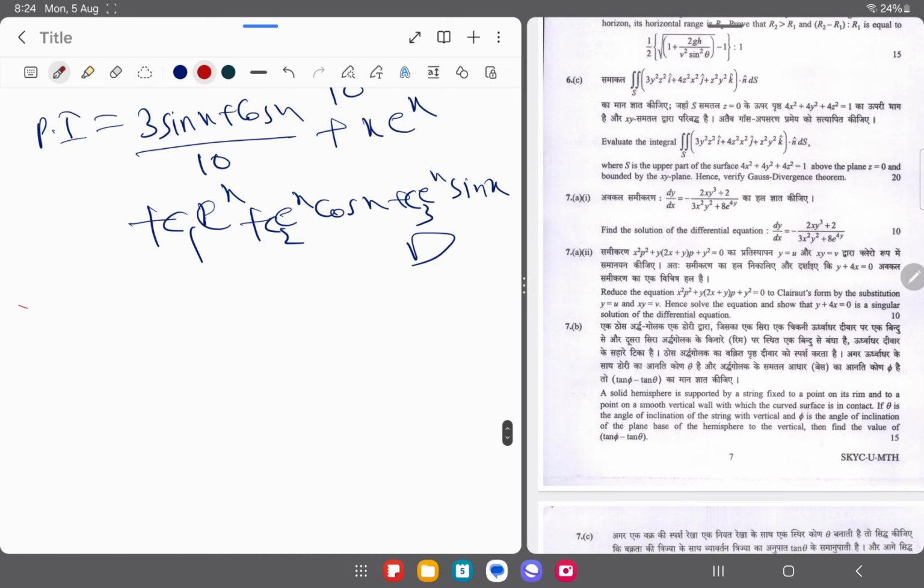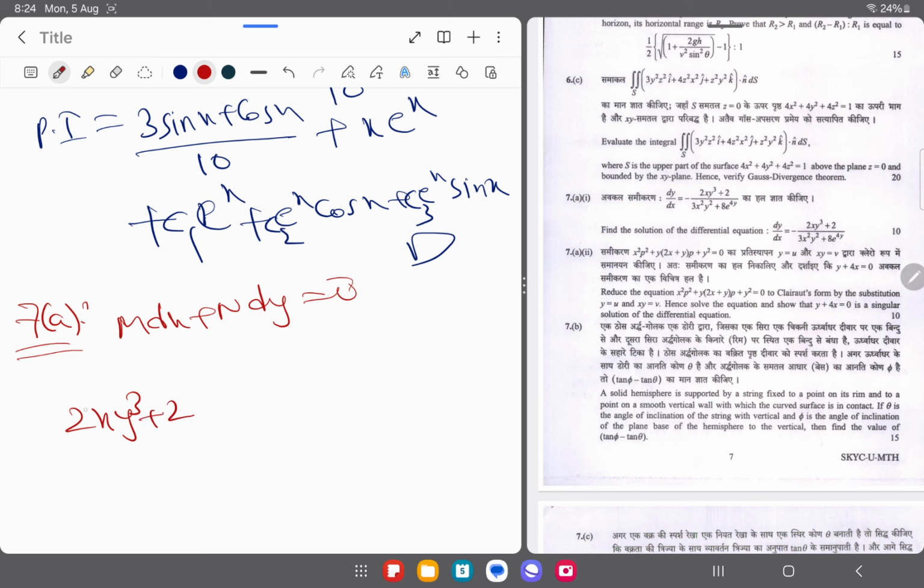Now 7a. Let us try to move this into M dx plus N dy form, right? So 2x y cubed plus 2 into dx plus 3x squared y squared plus 8e power 4y dy is equal to 0.